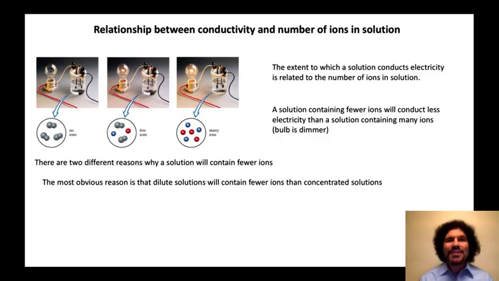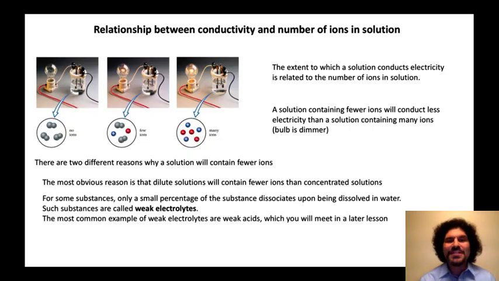So the most obvious reason is that dilute solutions will contain fewer ions than concentrated solutions. And in fact, you can use conductivity as a way to analyze the concentration of a solution. Assuming it's an ionic solution, you're going to get greater conductivity for a more concentrated solution.